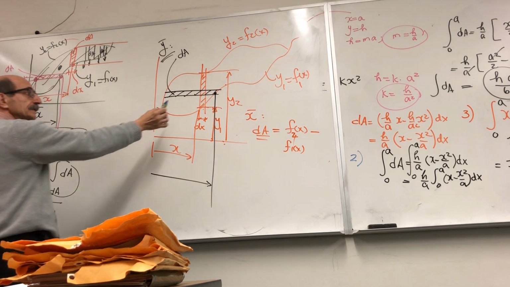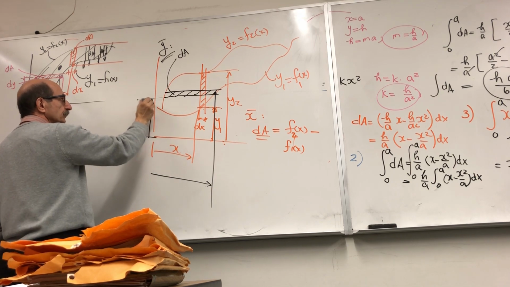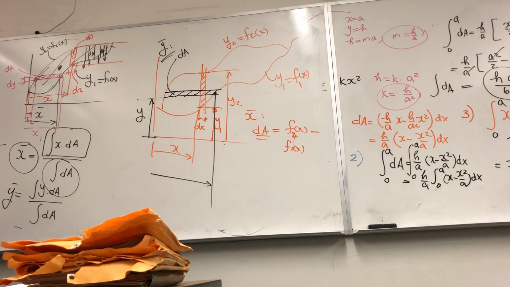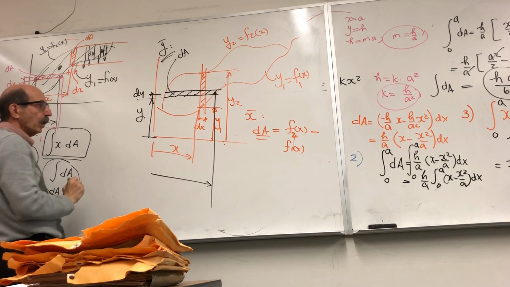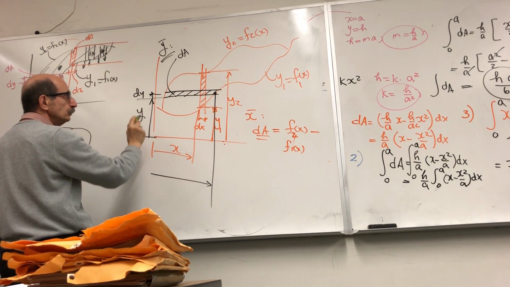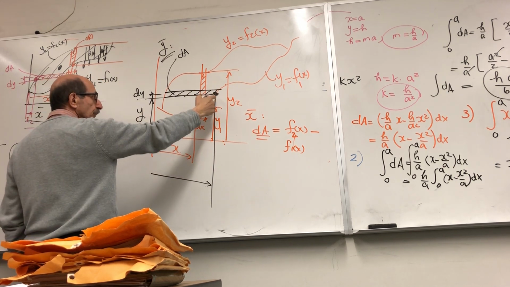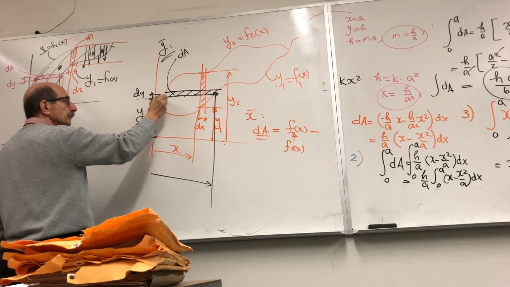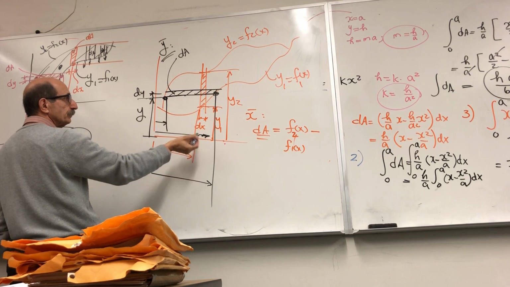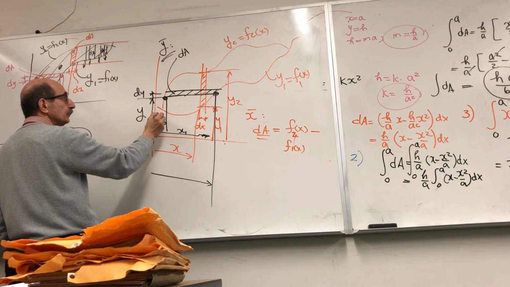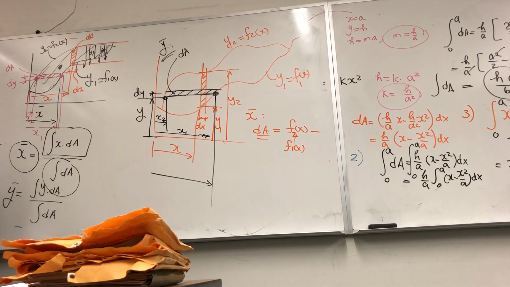This is the x value, because you're considering a general distance y, and this is dy. At any point y, you want to find the x value corresponding to that y on this function. If this is x1, I call this x2. The difference of the two times dy is the dA.